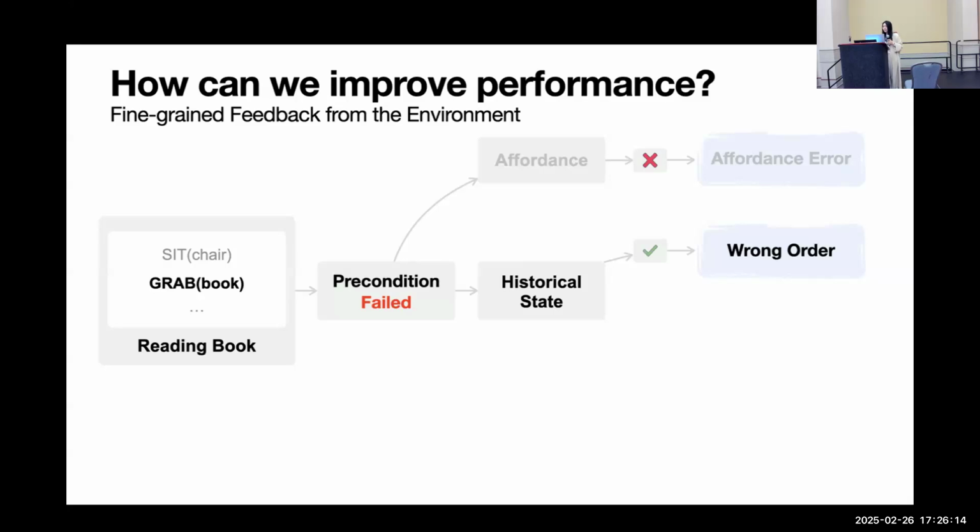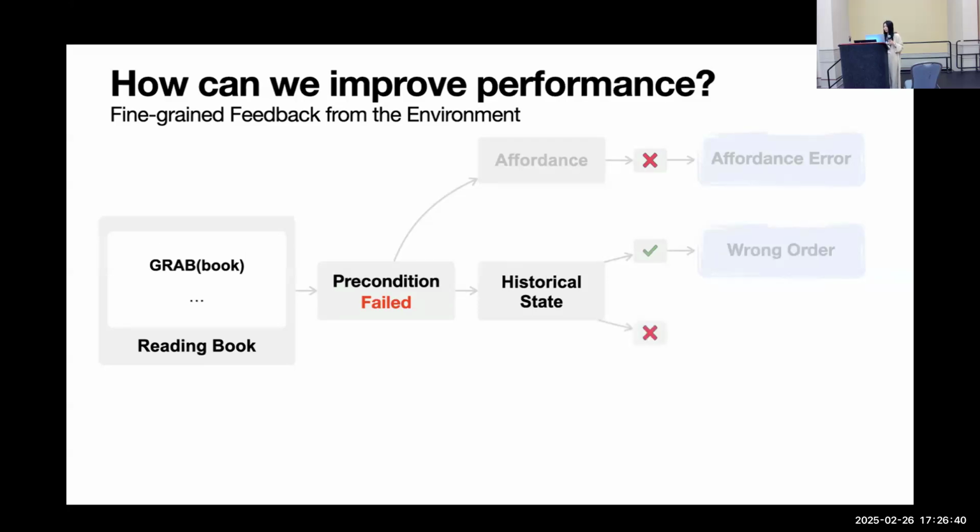And then for a new plan, if the precondition fails but the affordance is actually satisfied, then we can check the historical event. For example, in this plan, if the historical event has been satisfied previously, then basically this is the wrong order. So we could switch the order of grab and sit. We could first grab the book and then sit on the chair.